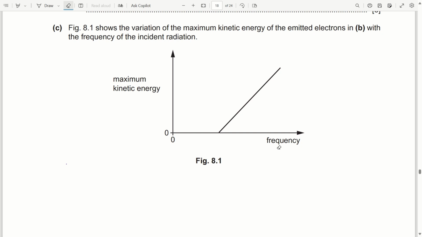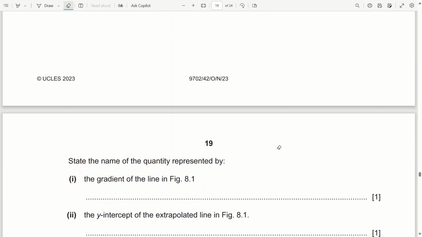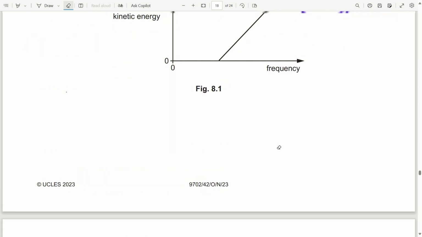Maximum kinetic energy versus frequency graph is given, and state the name of the quantity represented by the gradient of the line.